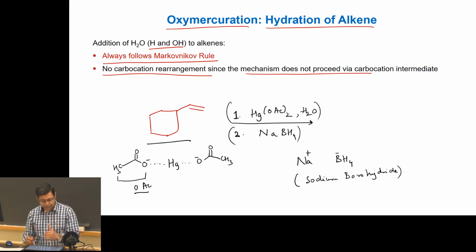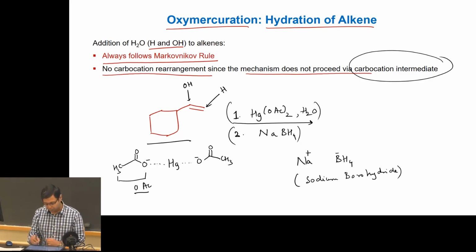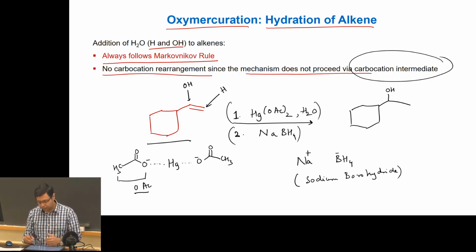And as I said, in this reaction, you are adding OH to the more substituted carbon of the double bond, H to the less substituted carbon of the double bond. Don't worry about any rearrangement because there is no carbocation intermediate in this reaction, right? So whenever you have this reaction, blindly you can put the OH on the more substituted carbon of the double bond, H to the less substituted carbon of the double bond.